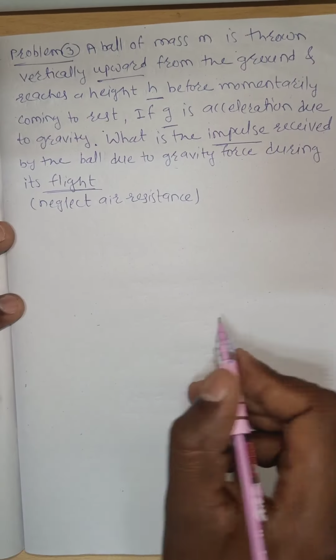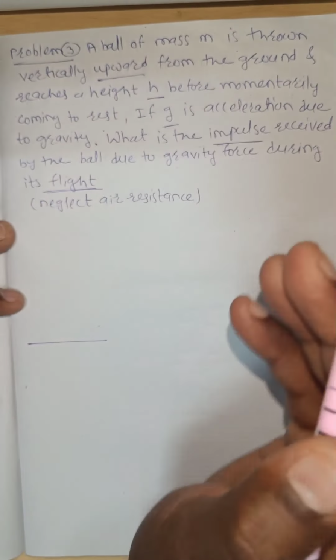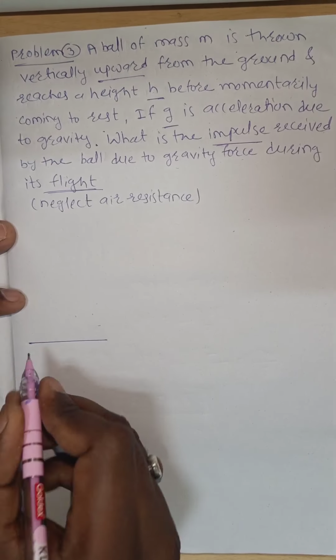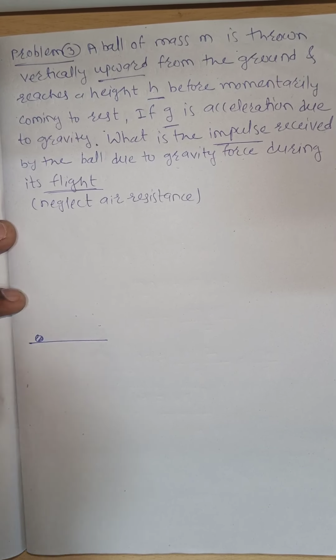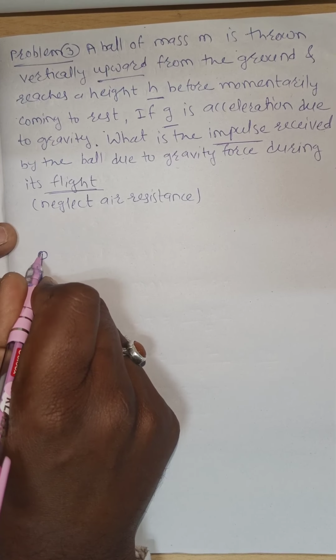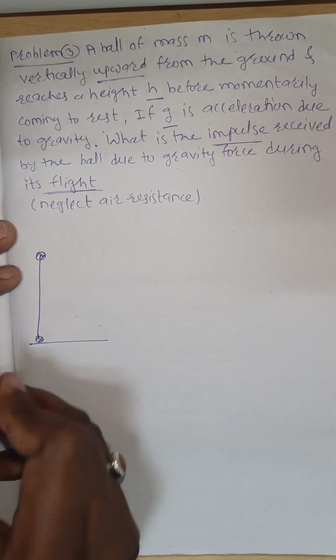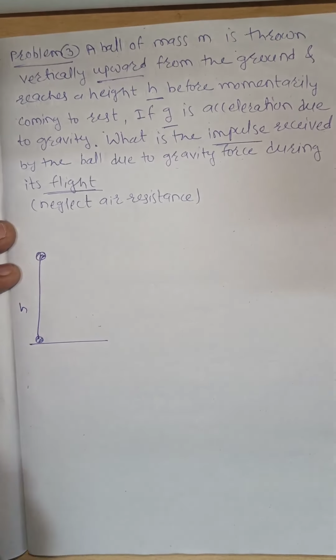Initially the ball is thrown vertically upward and it reaches some height h. Then again it comes back to the ground.